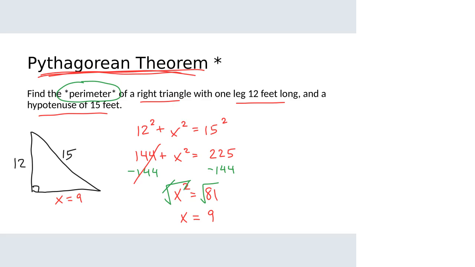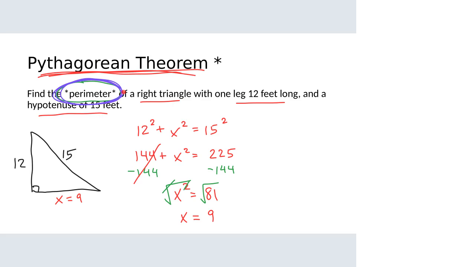Something I'm going to remind you of a lot is make sure you answer the question that's being asked. If you were asked, what's the length of the missing leg? 9's your answer and you're done. The thing is, in this particular question, we weren't asked for that. We were asked for the perimeter of the triangle.